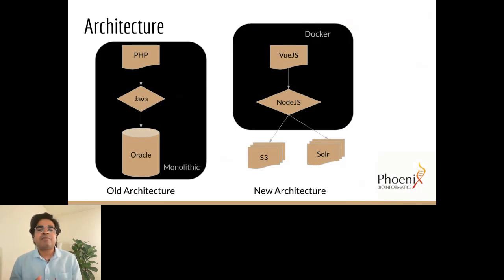So one of the key shifts in our architecture was moving away from the monolithic structure to a more flexible and efficient setup. Previously, TAIR relied heavily on Oracle, both for reading and writing data. While Oracle is a robust database, TAIR data has evolved and grown into a very complex data structure.